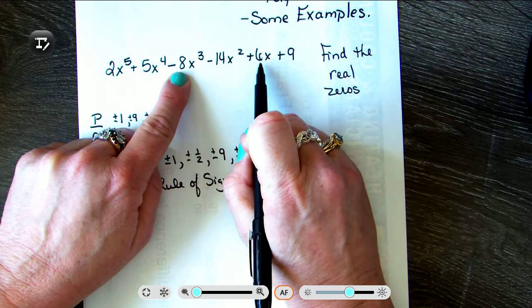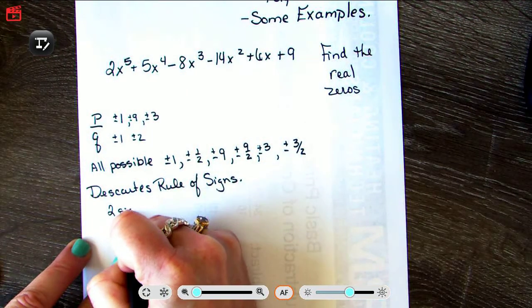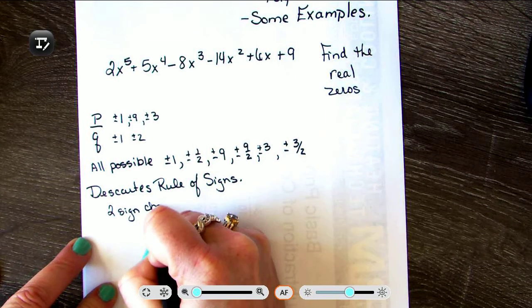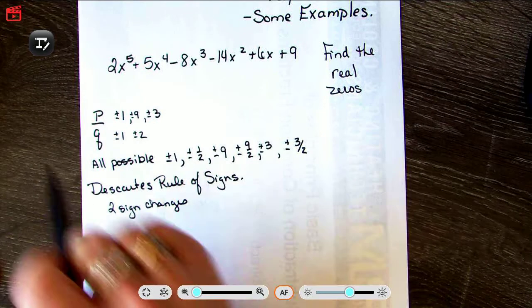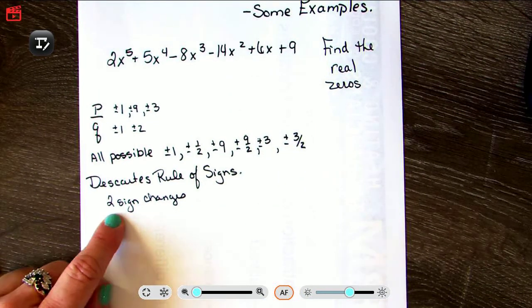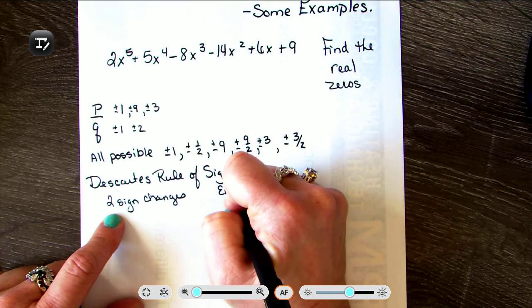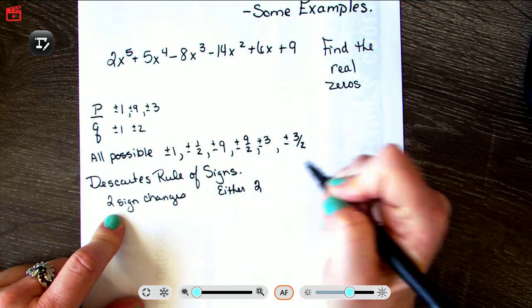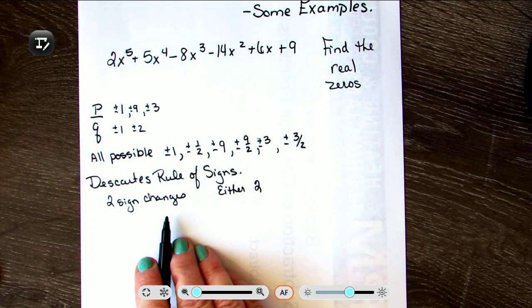Then we became positive, so we had 2 sign changes in the original equation, which means by Descartes' rule of signs that we have either 2, the same number, or less than that by an even integer.